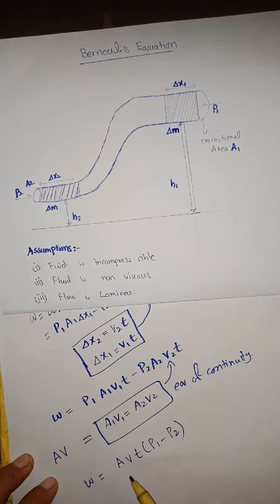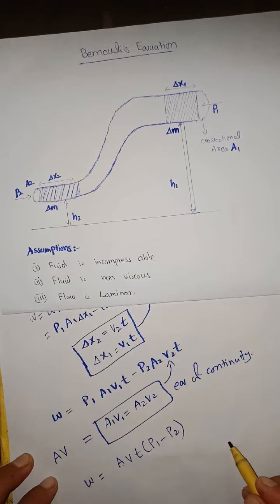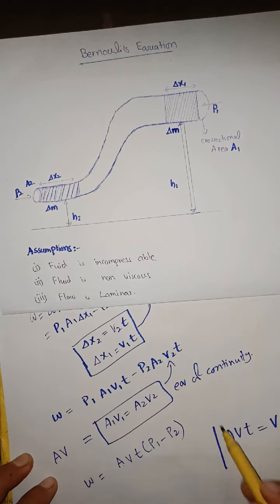Dimensionally, we can prove that Avt is equal to the volume. How may it be proven? What is the unit of area? That is meter square, and here is meter per second into second. Second will cancel out second, and this will become meter cube, which is the unit of volume.